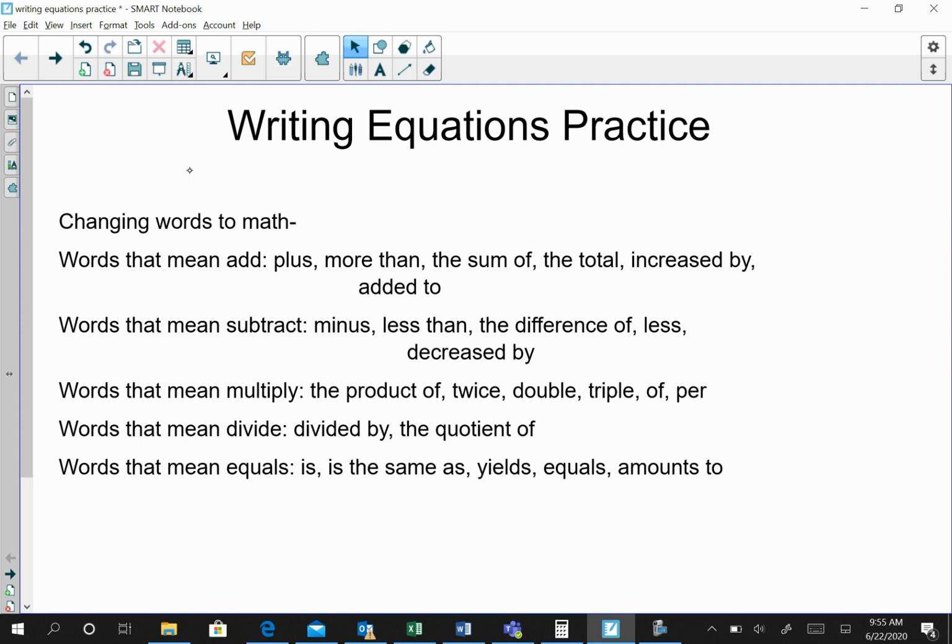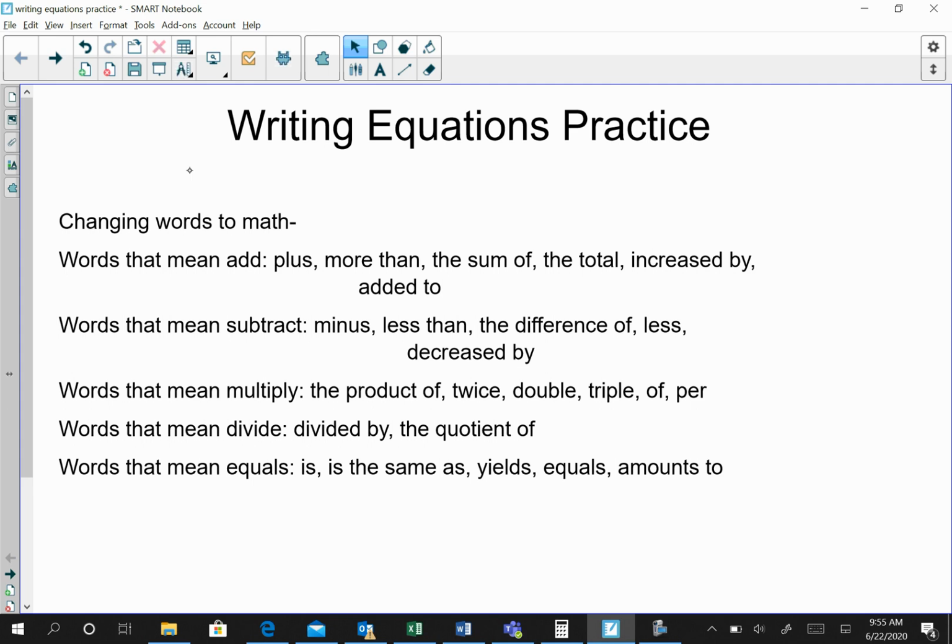The per is like $5 per pizza, so that would be 5 times pizza. Words that mean divide are divided by and quotient of, and then equals, this is the big one, is the same, anything with the word same in it, yields, equals, amounts to, all of those are equals.